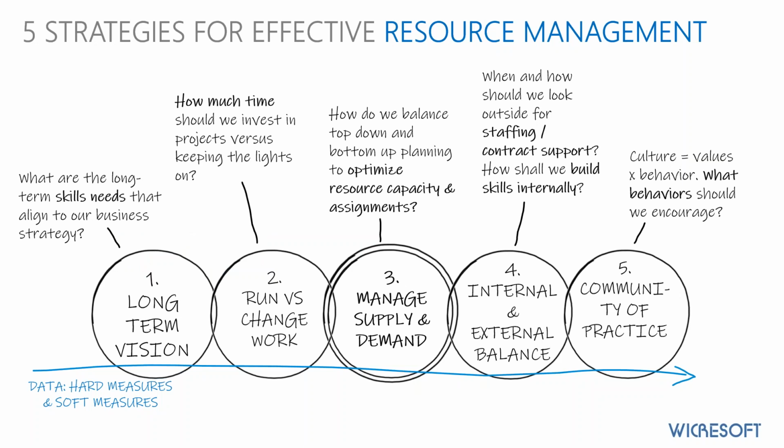Now, in these 5 steps, probably the most important or technically challenging one is the one in the middle, step 3, which is about managing supply and demand, and that's the technical and data challenge and process challenge of how you actually plan and assign resources to work and move them from one thing to another.